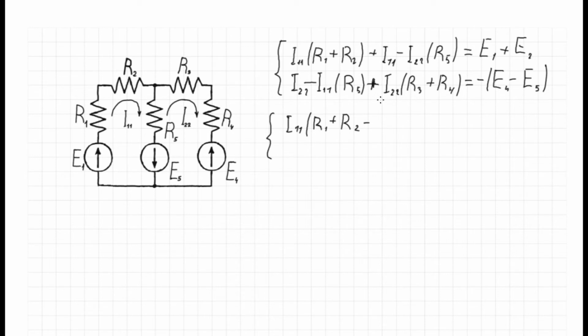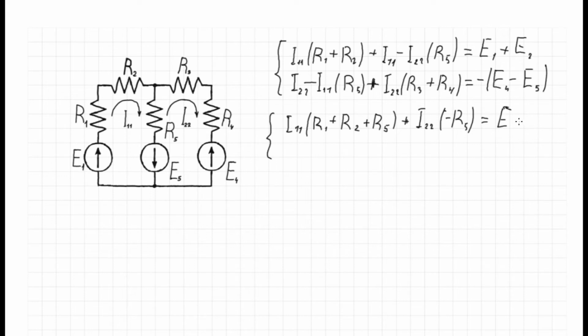Here I11 is with plus, therefore R5 we take with sign plus. The next term on the left side is I22 multiplied by minus R5, and equals E1 plus E2.